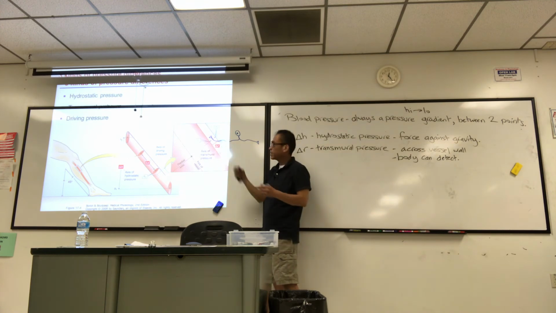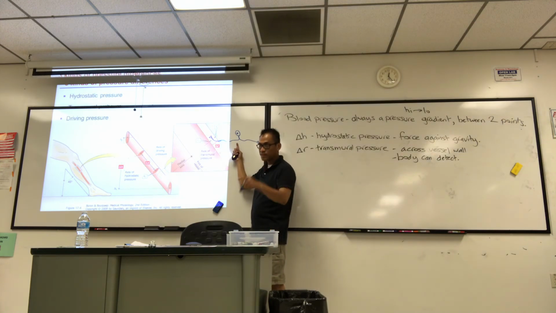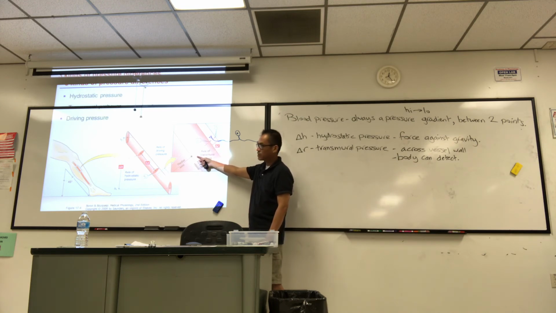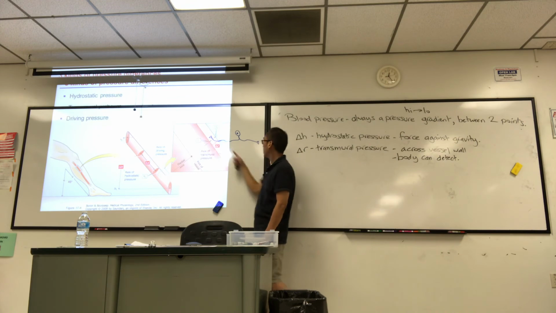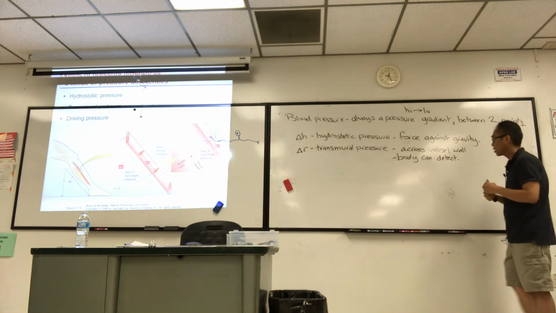If pressure is really increasing, we'll learn that this is called the baroreceptor. That's basically tomorrow's lecture. If pressure is dropping inside here, you'd feel it inside the wall. You'd stretch it more or stretch it less, depending upon what's going on with the pressure inside. So this is the one your body can detect. It's the baroreceptor.